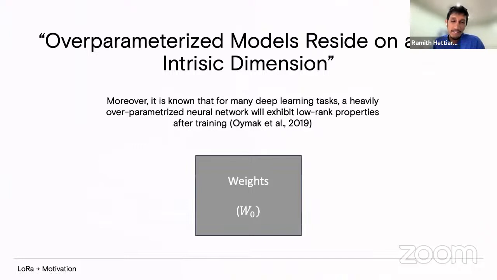So in summary, even though we train some overparameterized model, there could be some intrinsic dimension where we can actually have a smaller number of parameters to tackle that problem with similar performance. So this is a citation that they mention.